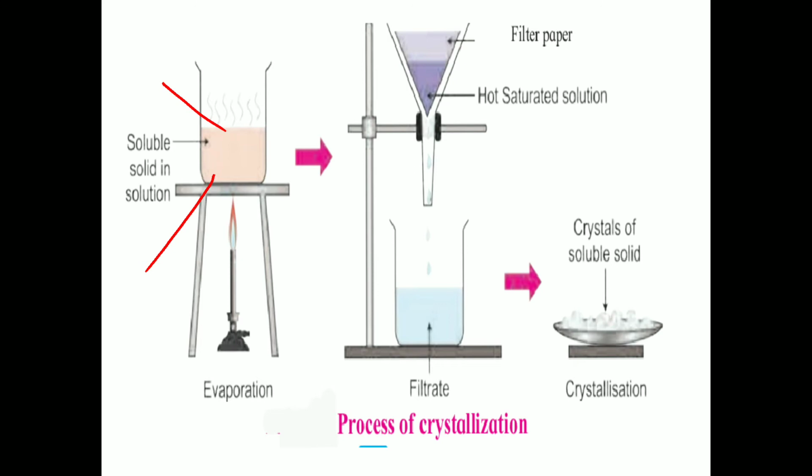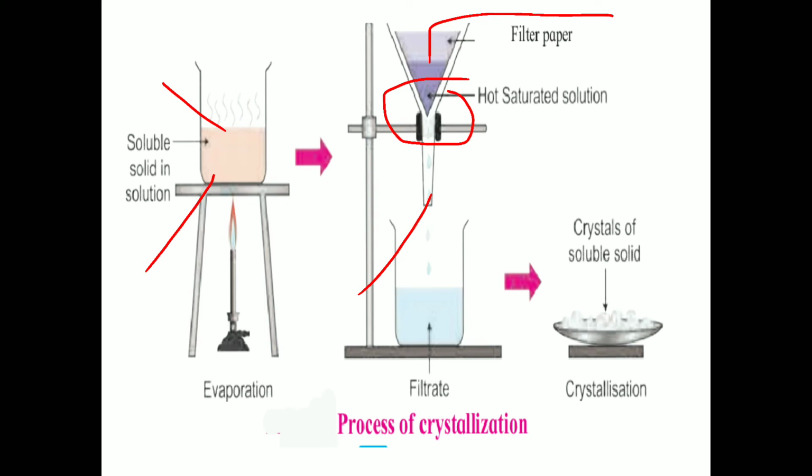That means the saturated solution has to be filtered when it is hot, and from this hot saturated solution on the filter paper we get the residue, that is the impurities which are not dissolved in the solution, the insoluble part. But the solution still contains the soluble impurities, which are collected in the beaker as the filtrate.